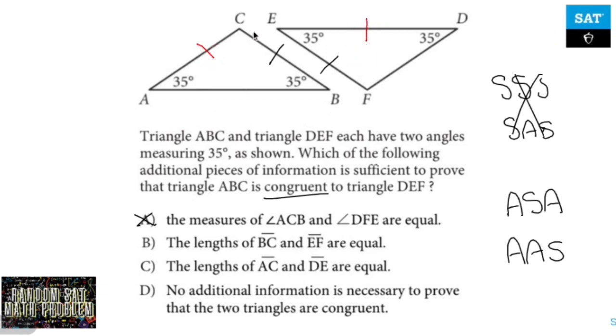So this is basically mixing angle side angle with angle angle side. So C is not it because you can't do that. So it's got to be B. Okay, no additional information is necessary. That's not true because you can't just say, look at these 2 angles. Are they congruent? No. So these are the 2 options that we could have used. That one didn't work out. That one did. AAS works for this, and B gives us the solution that we need.